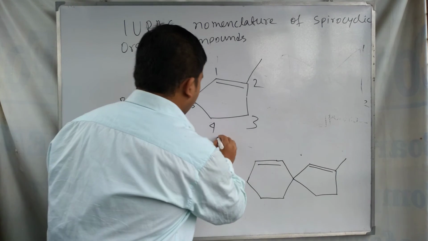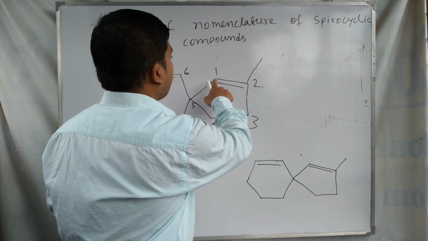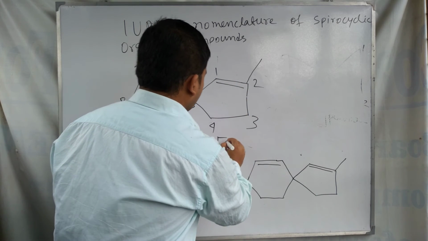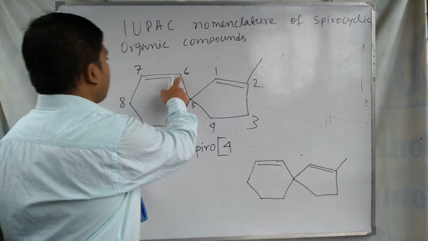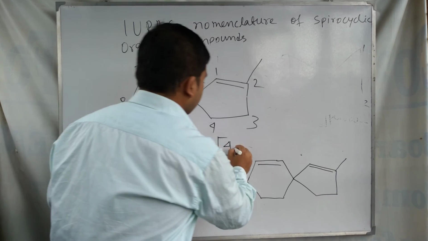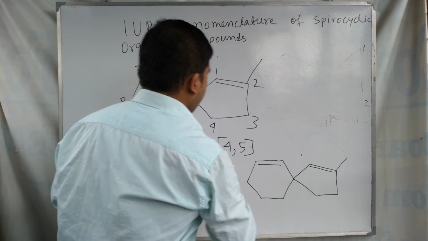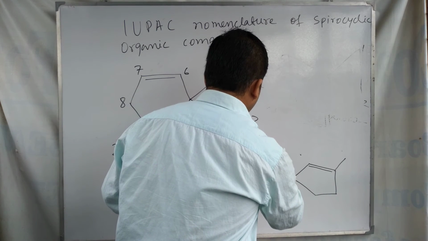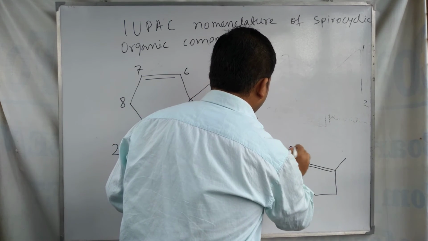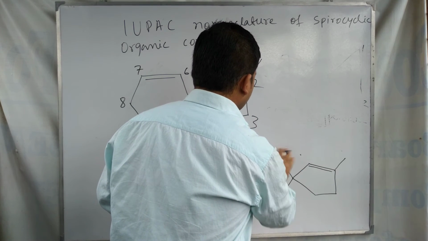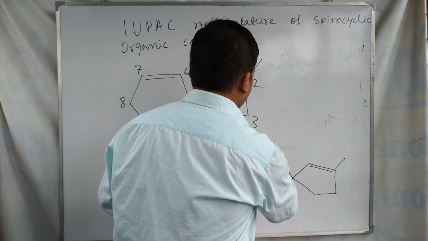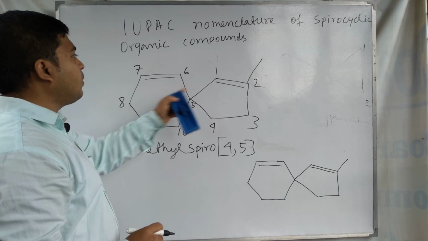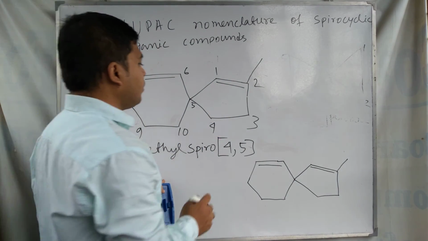and after writing spiro we have to write the number of carbons: 1 2 3 4, 4 carbons, and 1 2 3 4 5, 5 carbons, so the total number of carbons is 10. So decane, but we cannot write decane here, we have to mention the double bonds that are present at 1 position and 6 position.